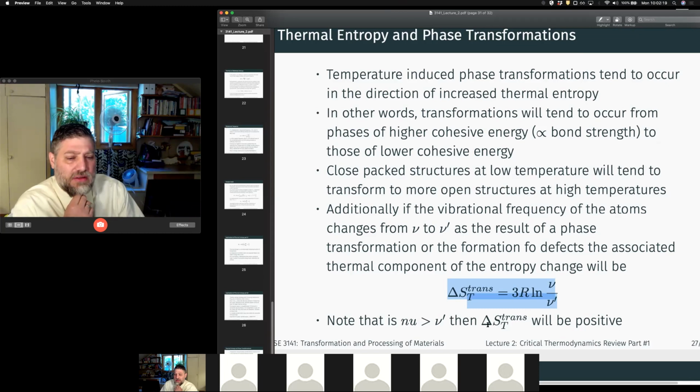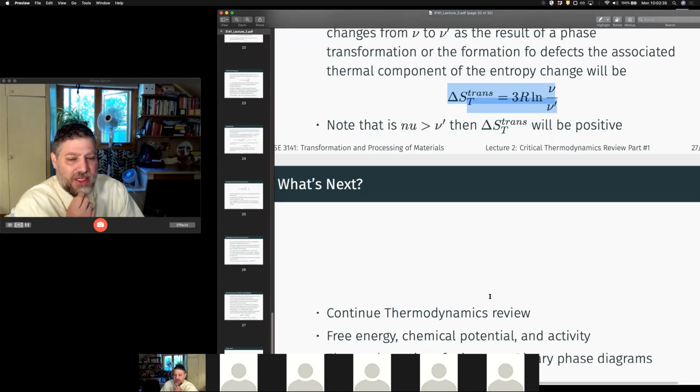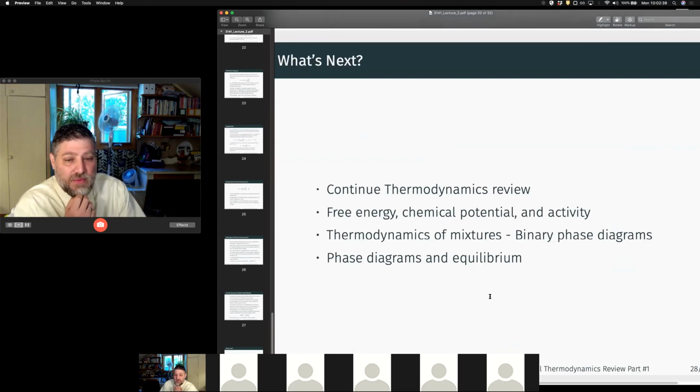So this follows our expectation that if the vibrational frequency of our original or low temperature phase is higher than that for our high temperature phase, we're going to have a positive change in entropy.